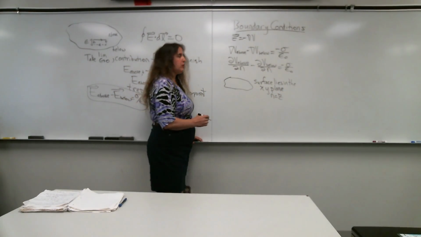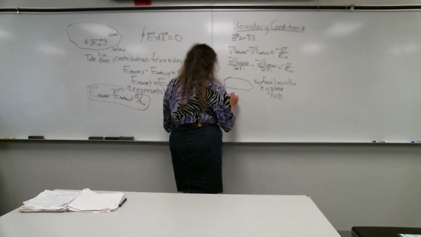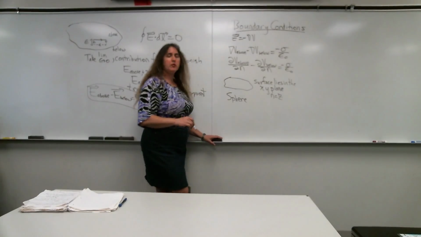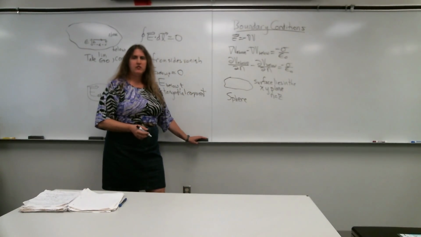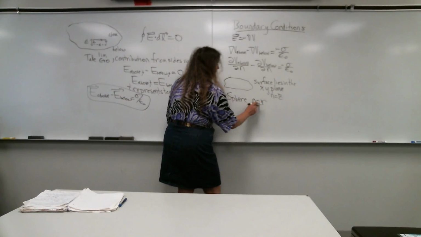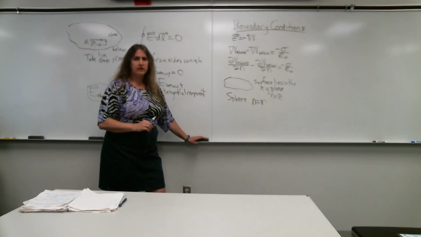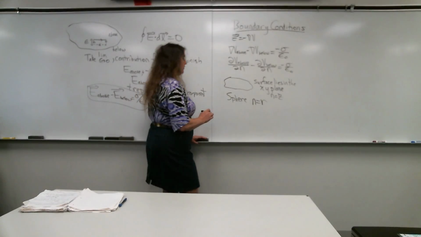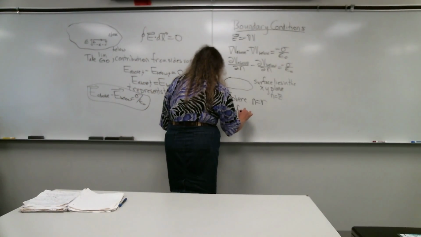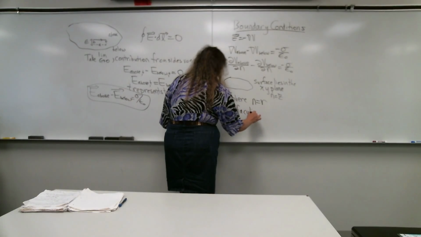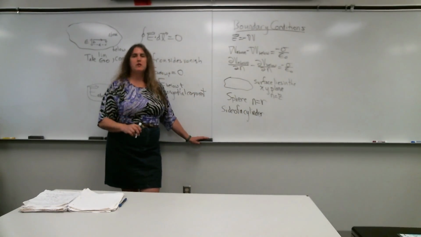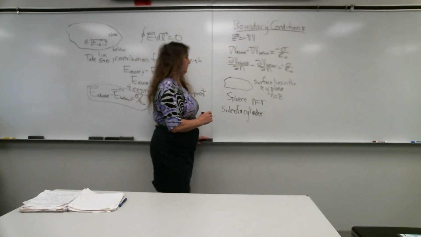If you happen to be dealing with a sphere, the normal to the surface of a sphere is in the radial direction, and hence n is equal to r in this case. For the side of a cylinder, your electric field is going to be pointing straight out from that.